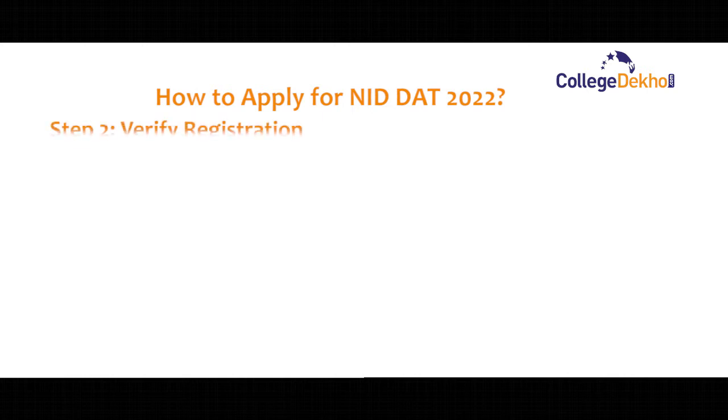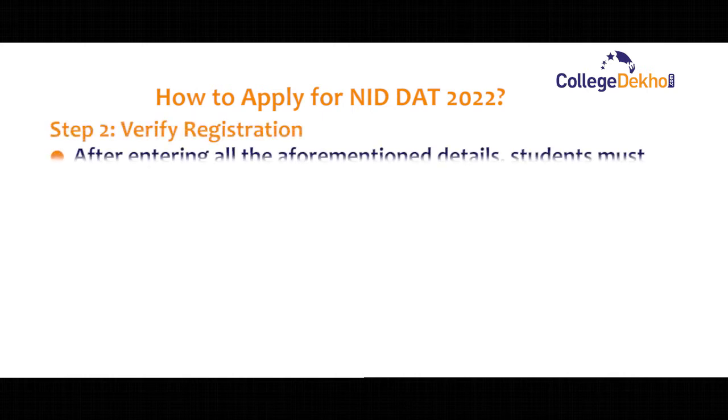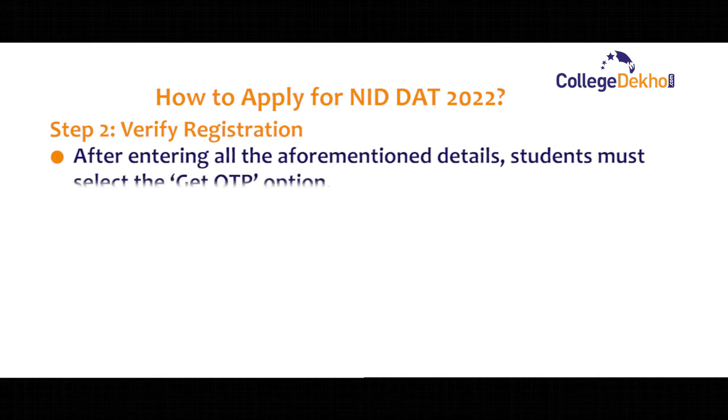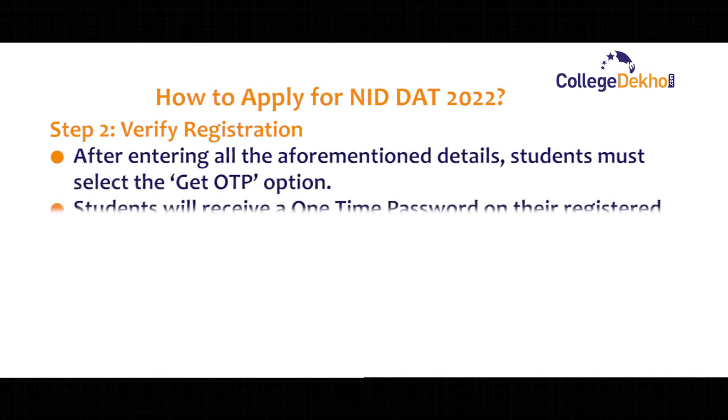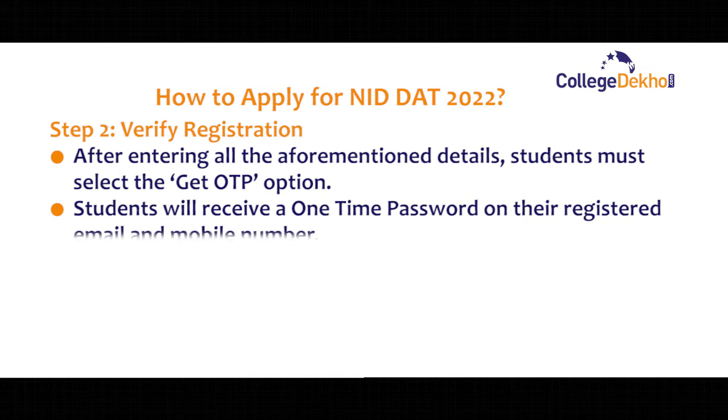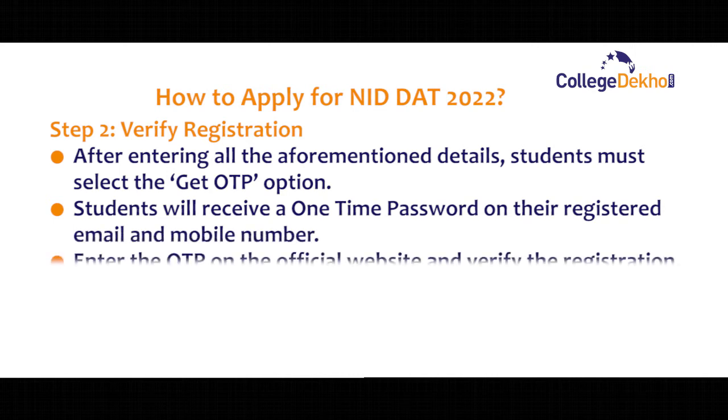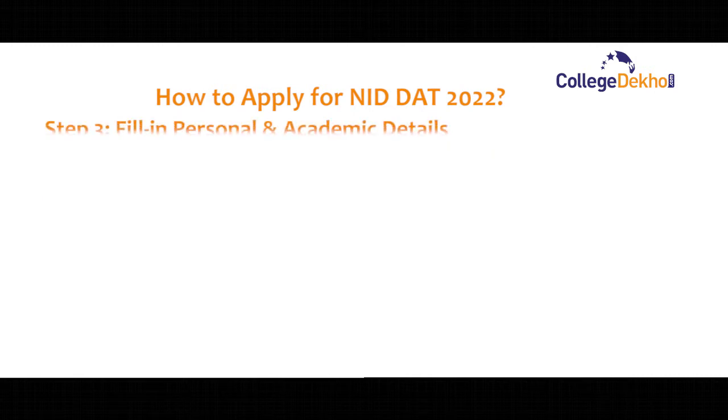Step 2 is to verify registration. After entering all the aforementioned details, students must select the Get OTP option. Students will receive a one-time password on their registered email and mobile number. Enter the OTP on the official website and verify the registration. Step 3 is to fill in personal and academic details.